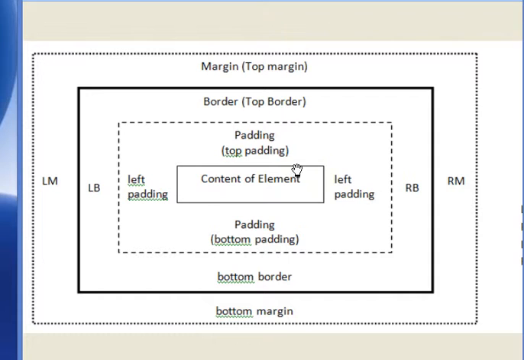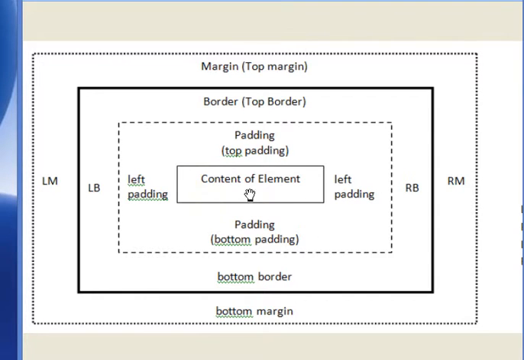Within that box, whatever is surrounded by the content edge will be the content of the element, that basically appears in front of the web users. Here will be the content of the element.